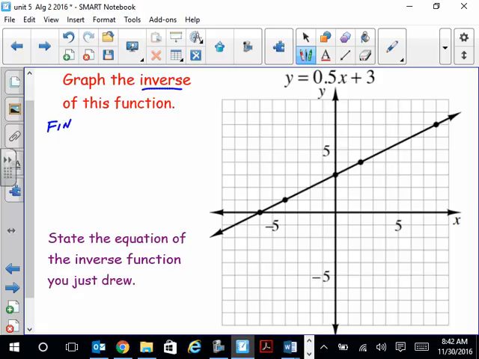Line of symmetry, we're going to draw it. You want to draw that. Step 2, make a table. Table 1, original dots.